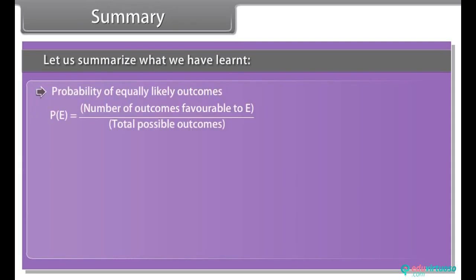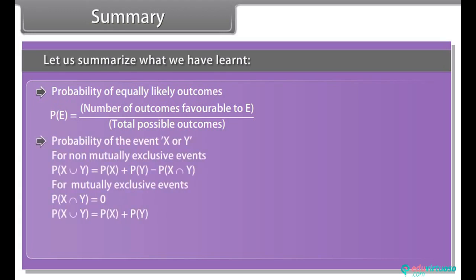Probability of equally likely outcomes. PE is equal to number of outcomes favorable to E by total possible outcomes. Probability of the event X or Y. For non-mutually exclusive events, P of X union Y is equal to PX plus PY minus P of X intersection Y. For mutually exclusive events, P of X intersection Y is equal to 0, so P of X union Y is equal to PX plus PY.